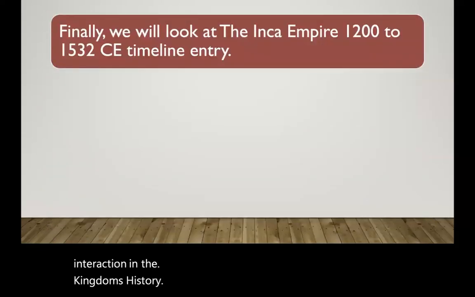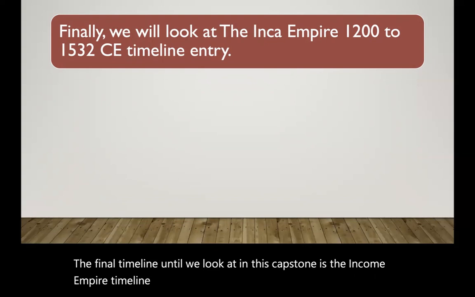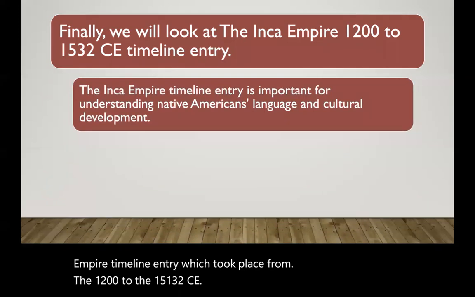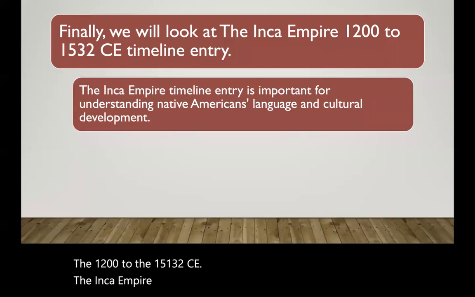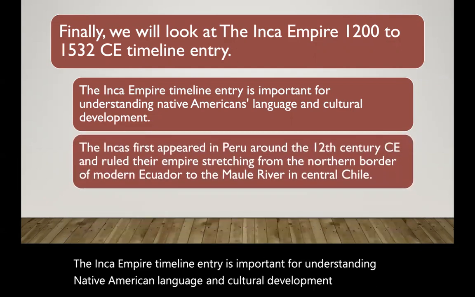The final timeline entry we will look at in this capstone is the Inca Empire timeline entry, which took place from 1200 to 1532 CE. The Inca Empire timeline entry is important for understanding Native American language and culture development.